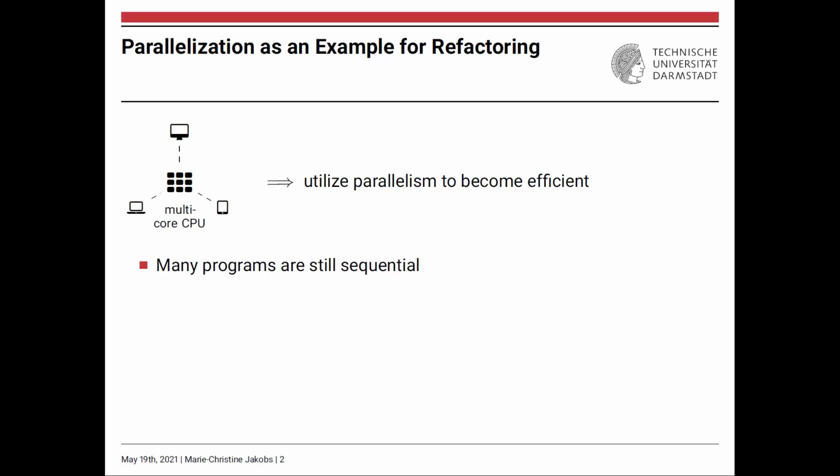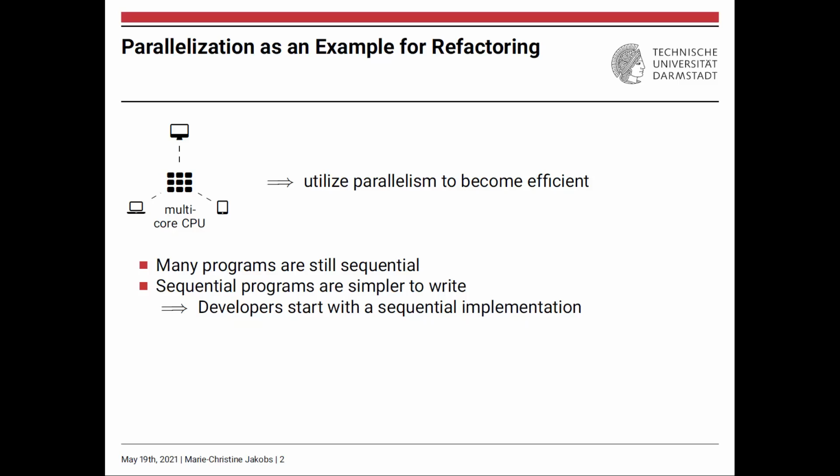Unfortunately, many programs are still sequential, so they don't use the multi-core CPUs efficiently. In addition, writing sequential programs is much easier. Therefore, developers start with a sequential implementation of the program and later develop a parallel program, so basically they parallelize the sequential implementation.